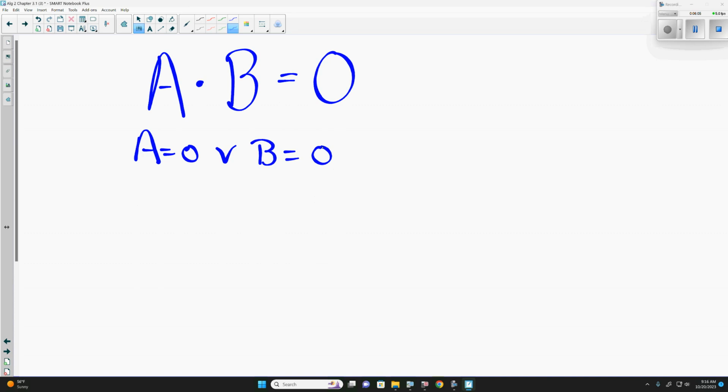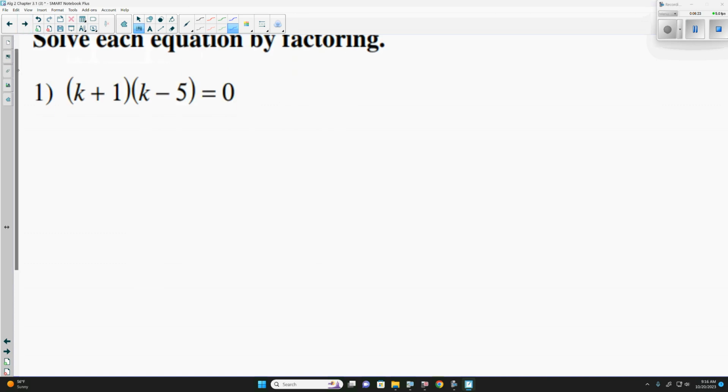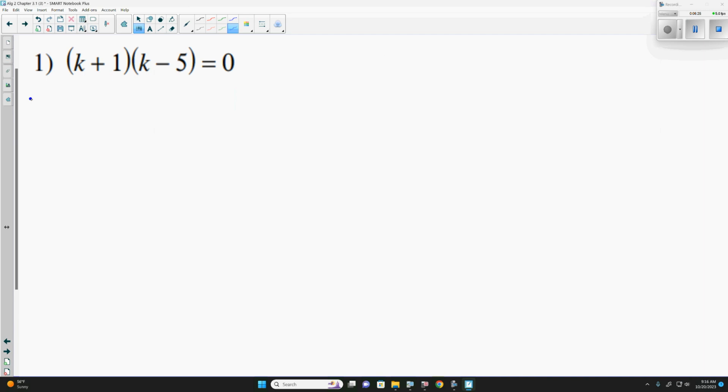Now it is possible that A and B could both be 0, and for our context, that would work as long as the value of x being defined as part of A and B were the same. But that's all the zero product property says: if we have two things multiplied together to equal 0, one of them must be 0.